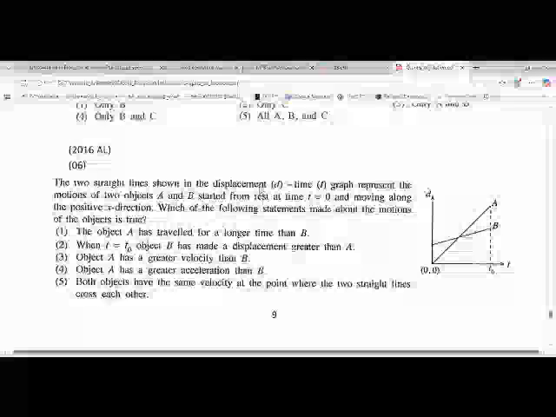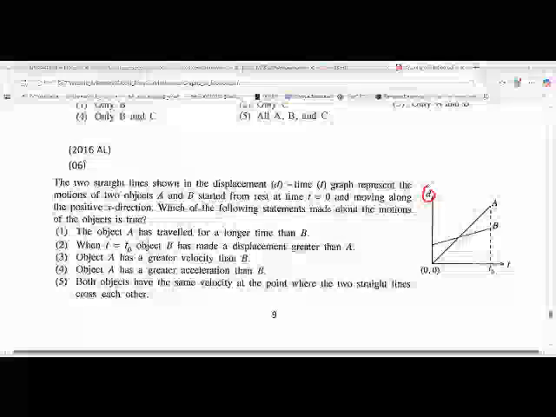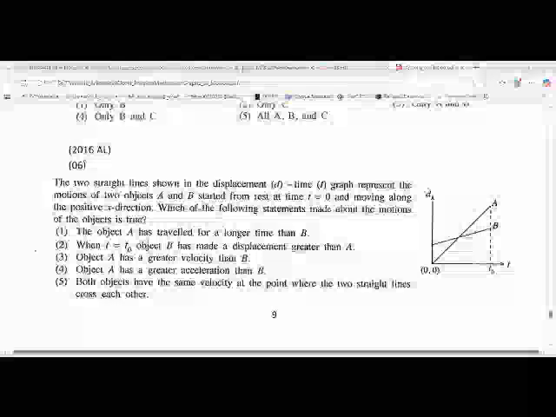Then here you can see a displacement time graph is given. Then don't depend on the symbol. You can't see S here. They have given D for displacement. Then don't depend on those symbols. It may be S, D, or Y, X, any symbol.